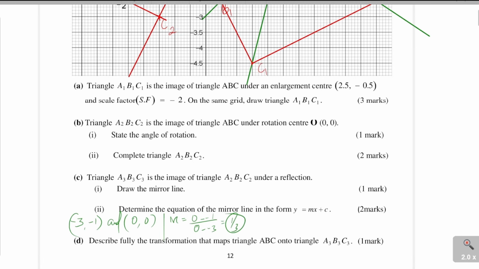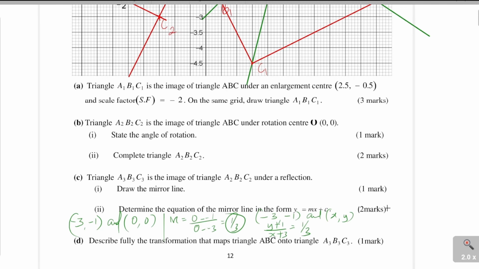Now after getting the gradient, you simply use any of these points. I can use (-3, -1) and any other general point on that line. You can introduce a general point (x, y). So use these two to get the gradient. The gradient will be y plus 1 divided by x plus 3, and that should give a third.